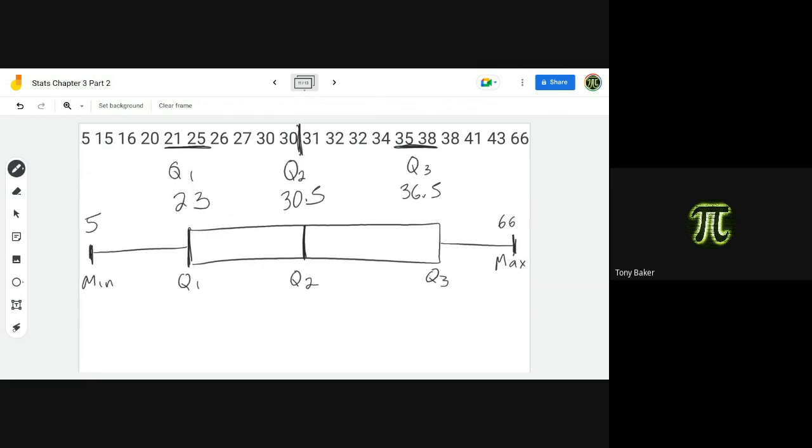What's my interquartile range? My interquartile range is the difference between Q3 and Q1. So I'm going to take Q3 minus Q1, which in this case is going to be 13.5.